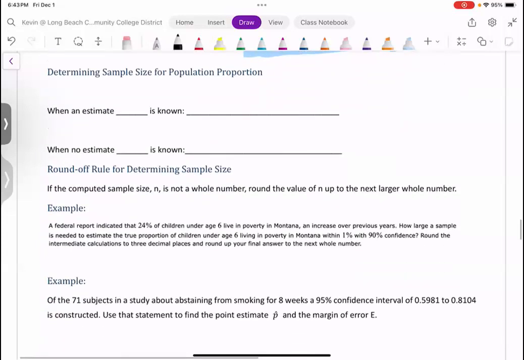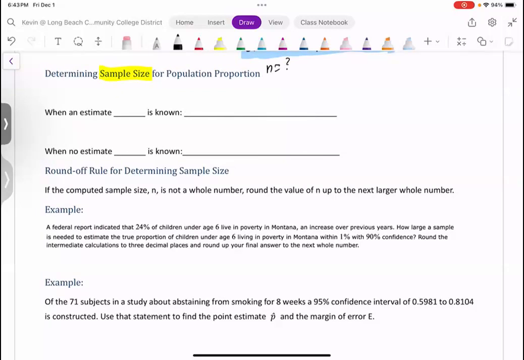Okay, so let's be a little more specific if we want to find the sample size now, meaning I want to know how many data points I'm going to need to guarantee a certain level. So here I want to point out, what we're looking for is what n is going to be.